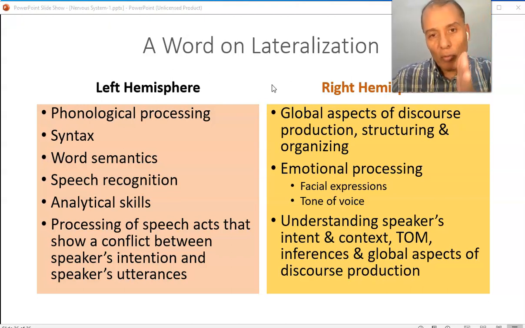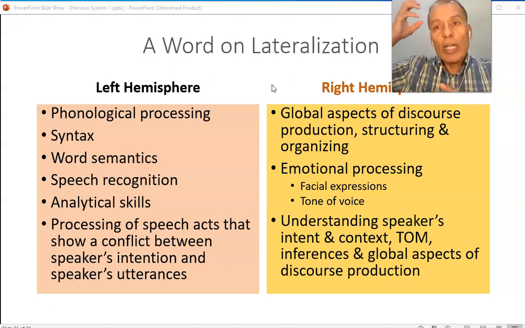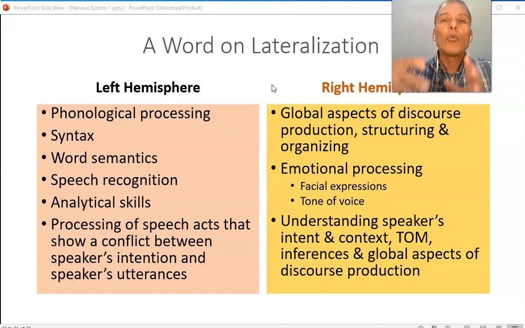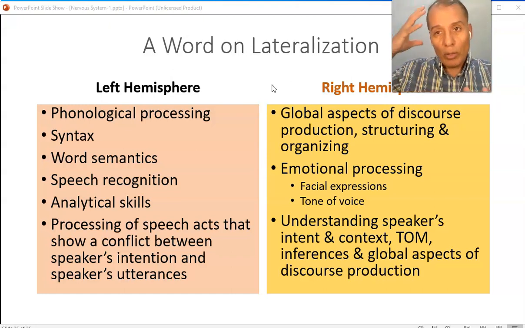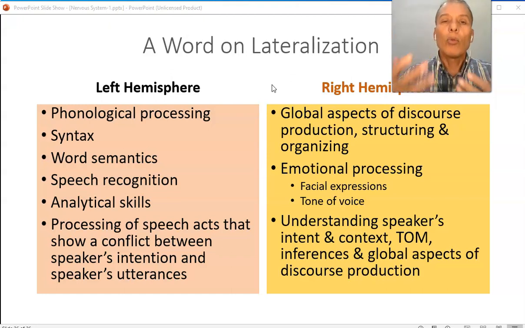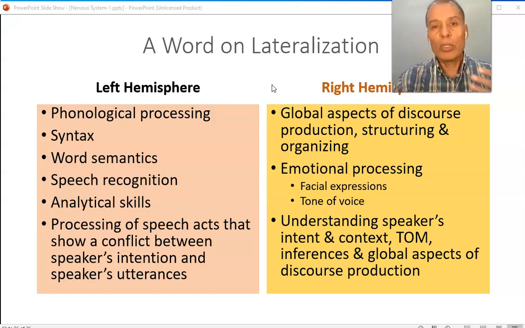But if it is before 18 months, the right hemisphere will be able to assume all functions of language, and the child will grow up, if they have the right communication and stuff, they will be able to develop almost normal language, believe it or not, because the right hemisphere will compensate and will take over. If that surgery is conducted after 20 months, that doesn't happen, and the person is going to have abnormal language development.